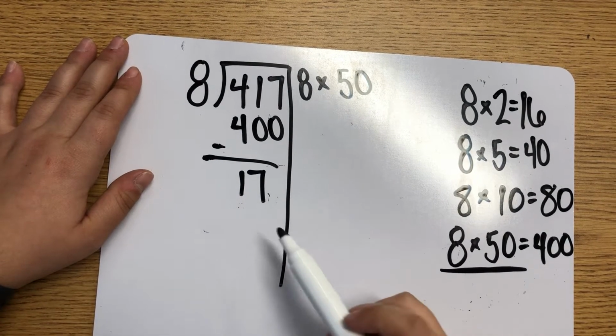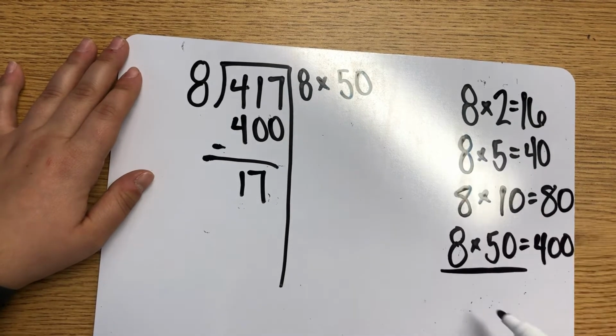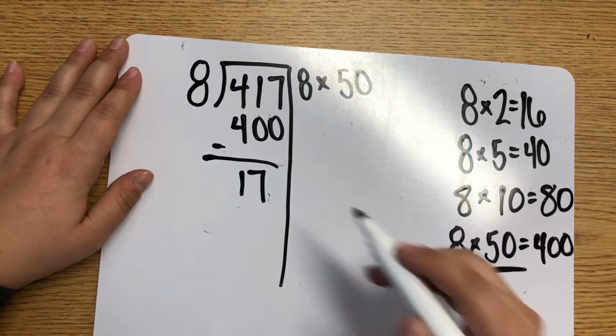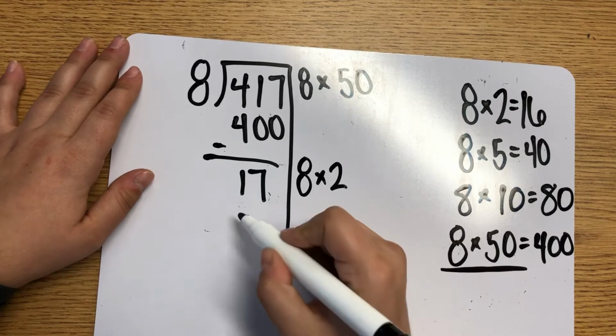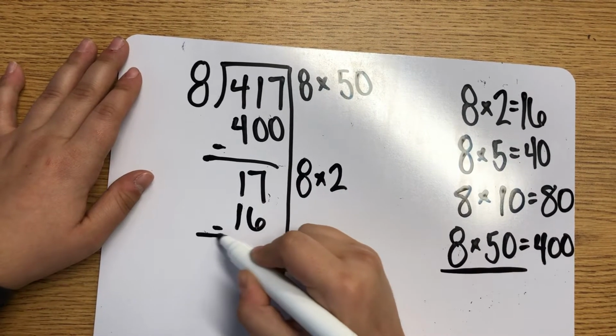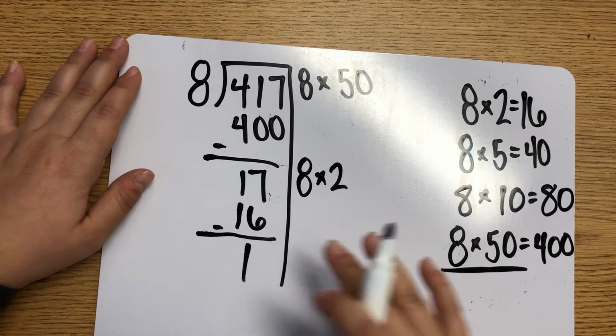Now I need to get as close to 17 as I possibly can. I can take a look over here and I see 16 right here. Okay, so 8 times 2 is 16. I'm going to put my 8 times 2 right here, and then I'm going to take my 16 and subtract it away. I'm left with one more.